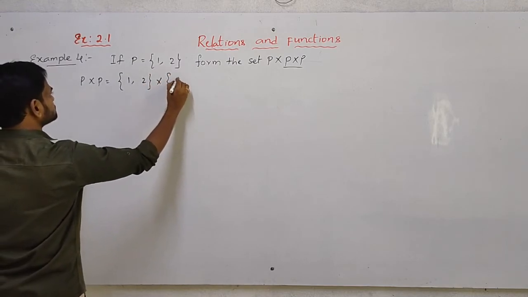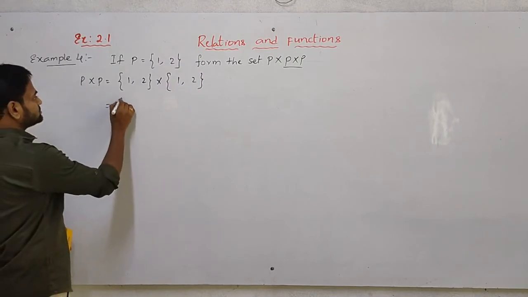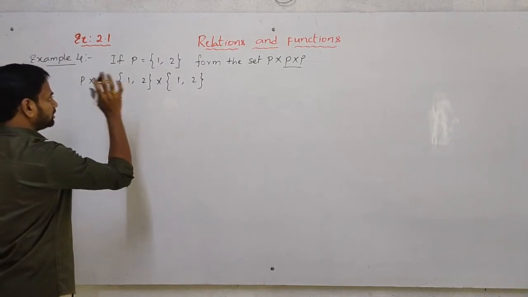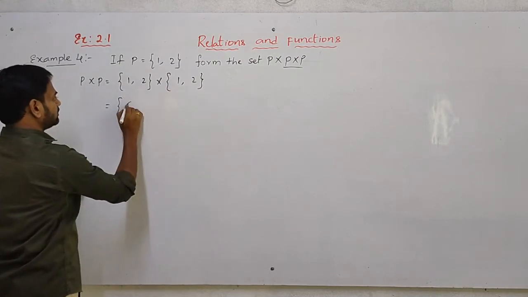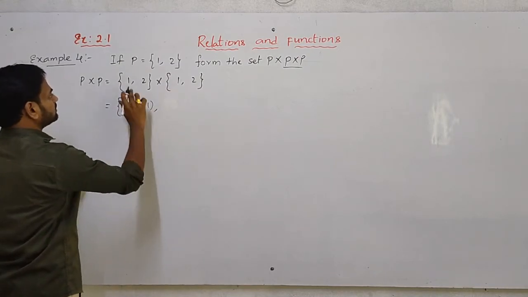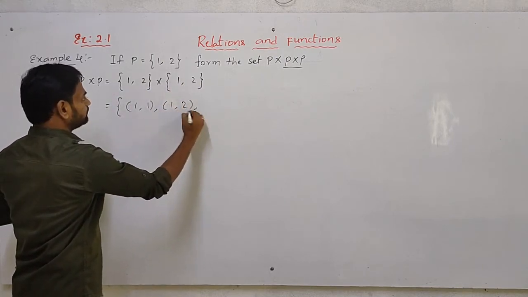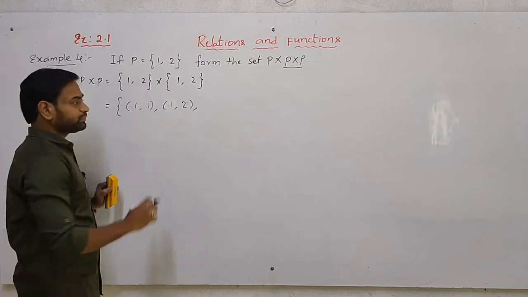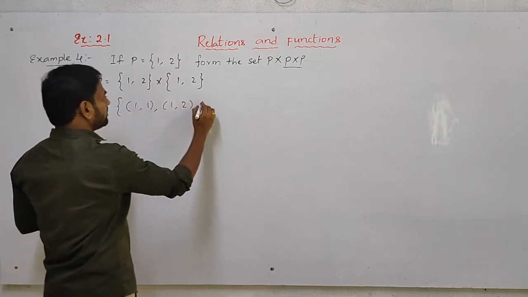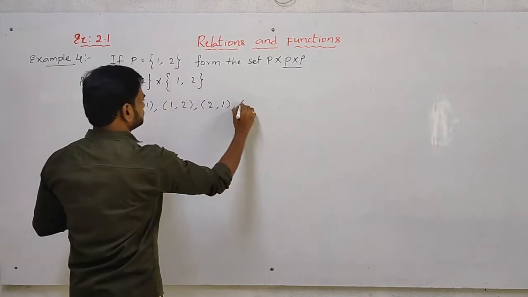Cross again P is {1, 2}. So write the ordered pairs. First element is 1, here first element is 1. That is (1, 1). Next with 1, next element (1, 2). With 1, both elements completed. Next with 2: (2, 1). Next (2, 2).